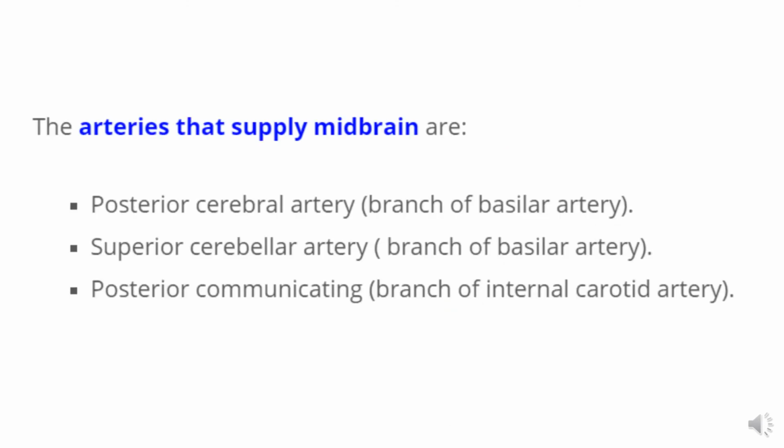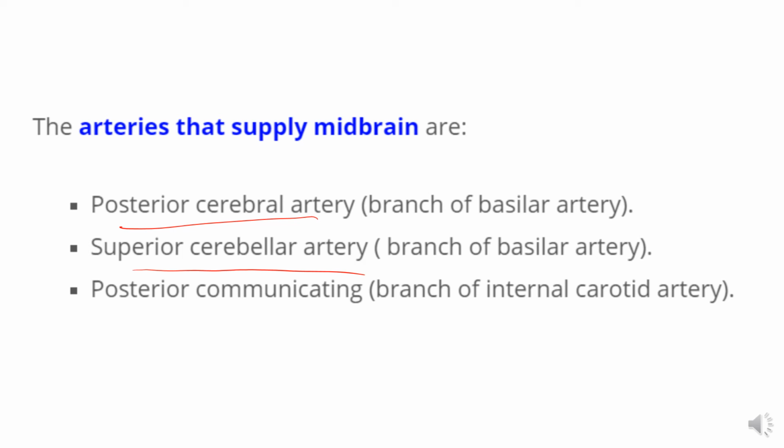So the arterial supply of the midbrain is supplied mainly by branches of the basilar artery. These are the posterior cerebral artery and the superior cerebellar artery, and some direct branches from the basilar artery also supply the midbrain. Branches are also received from the posterior communicating and anterior choroidal arteries.